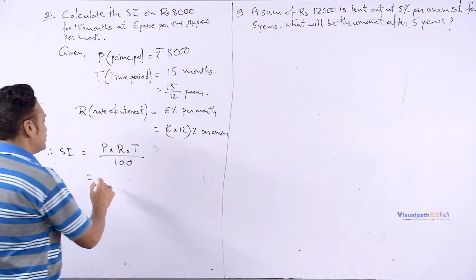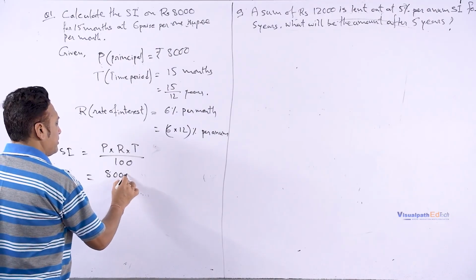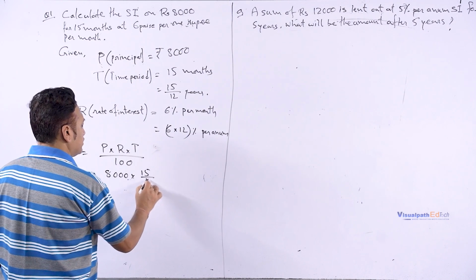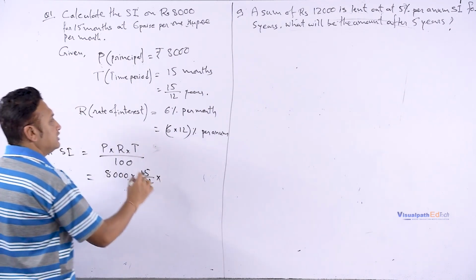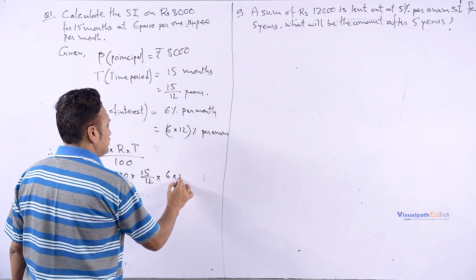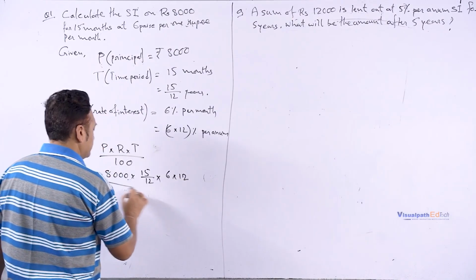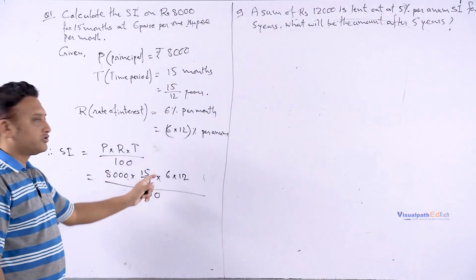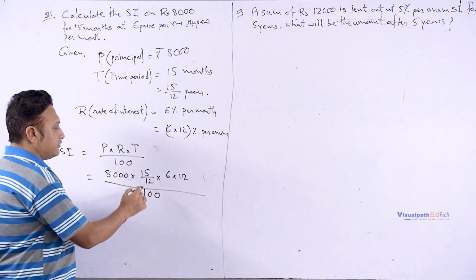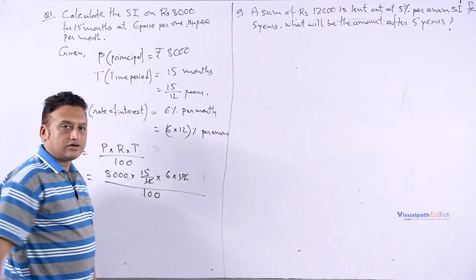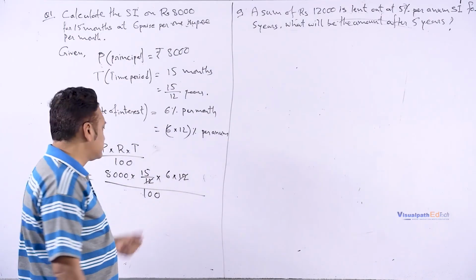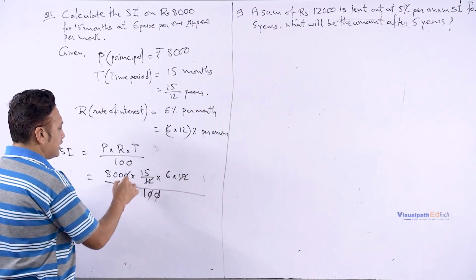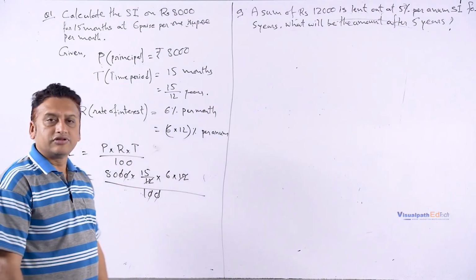So, we will put the values: 8,000 into 15 upon 12 into 6 into 12 upon 100. We have put the values. Now, this 12 and 12 will get cancelled out, because one is in the numerator and the other is in the denominator, and 2 zeros of 100 can also be cancelled out with 2 zeros of 8,000.